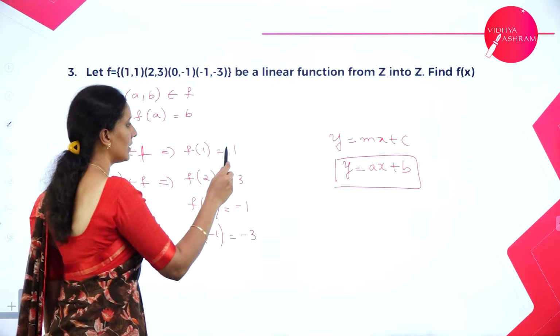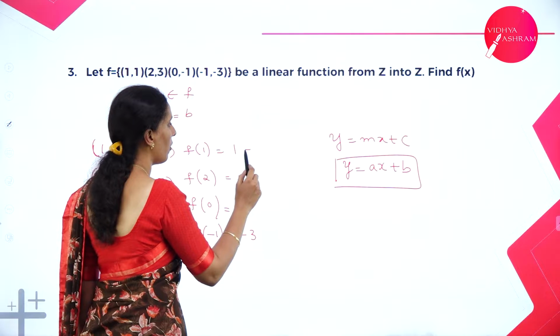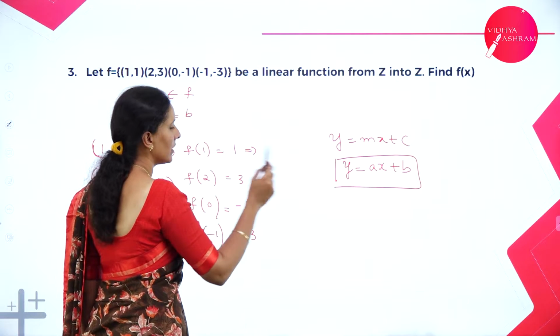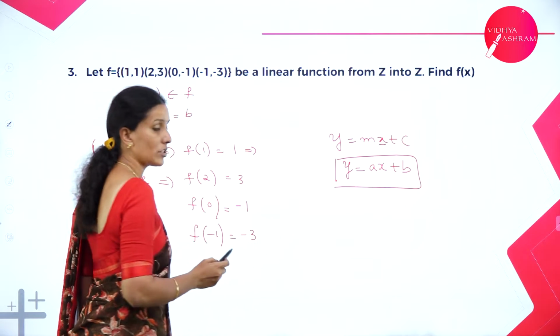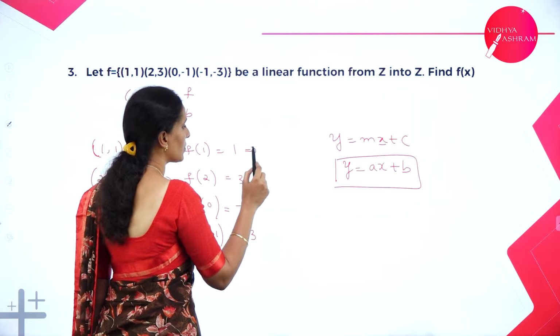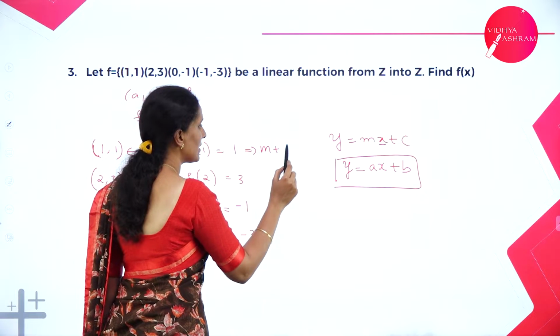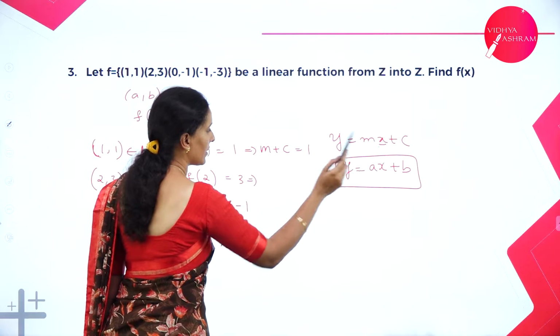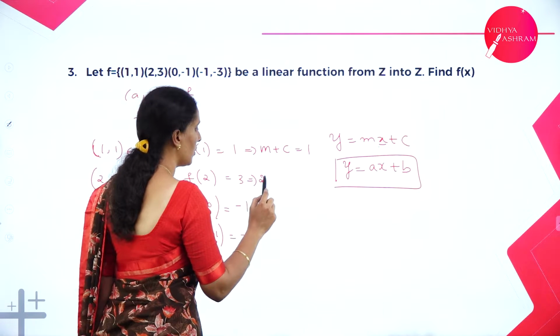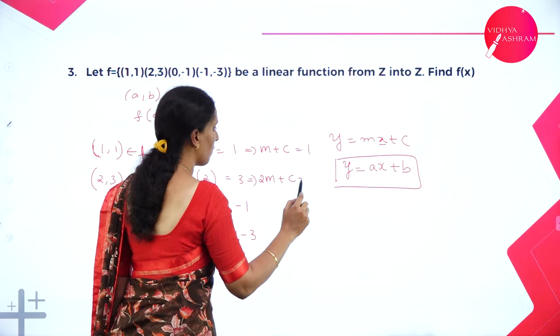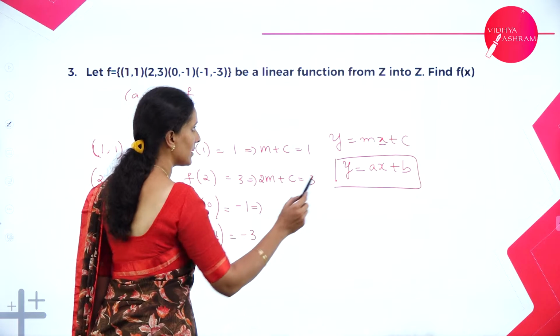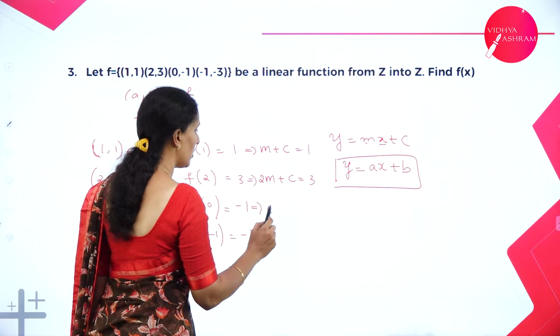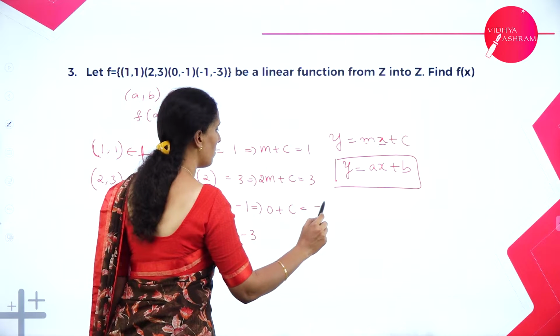So this can be written in the form of f of 1. Here in the place of x, just substitute x as 1. Then you will get m plus c is equal to 1. Here in the place of x, if you substitute 2, you will get 2m plus c is equal to 3. And here m into 0, so 0 plus c is equal to minus 1.